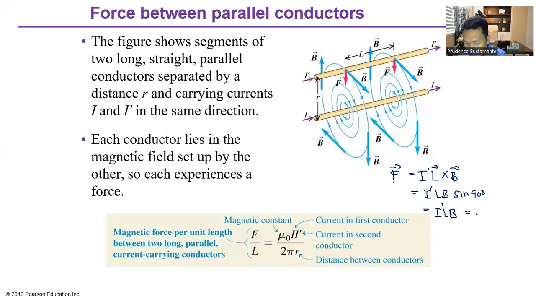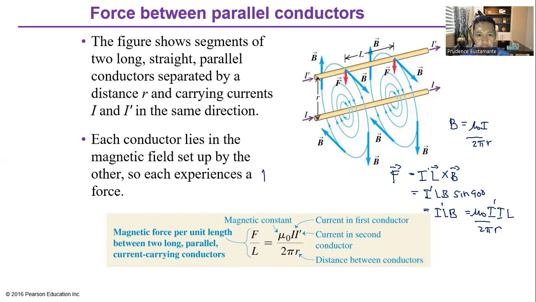So this is equal to mu naught I over 2 pi R times L, because recall B is equal to mu naught I over 2 pi R. So we can get the magnetic force per unit length between two long parallel current conductors.